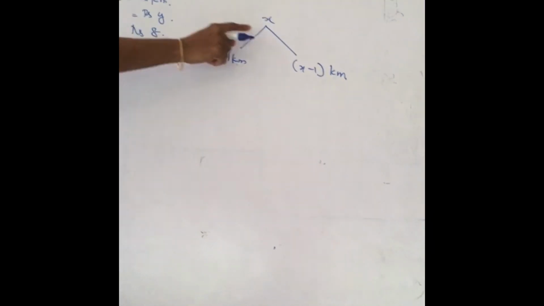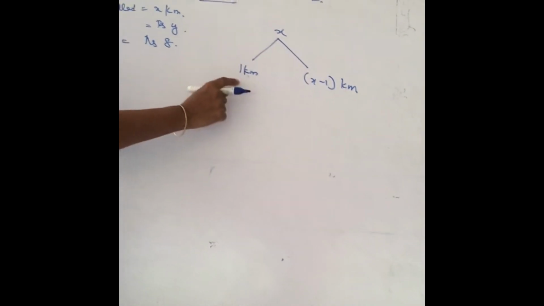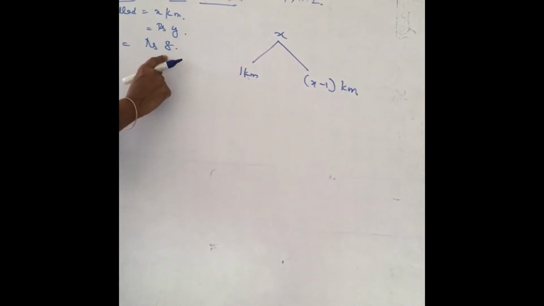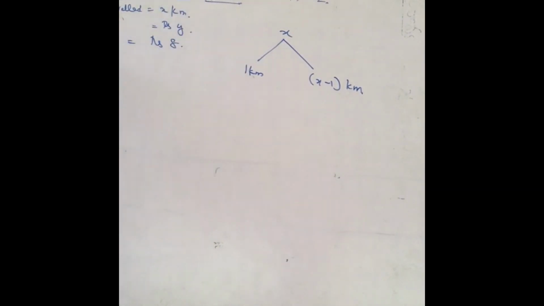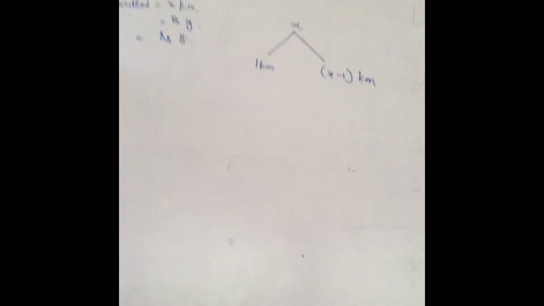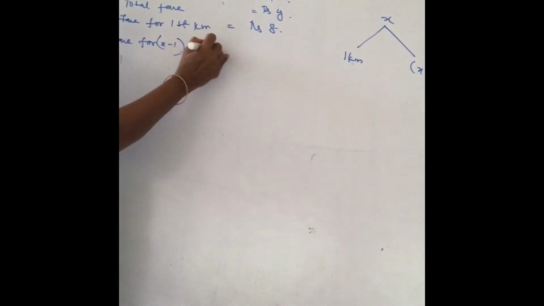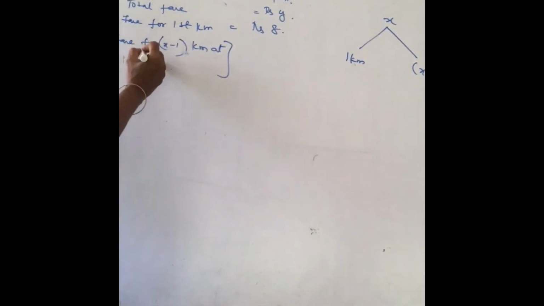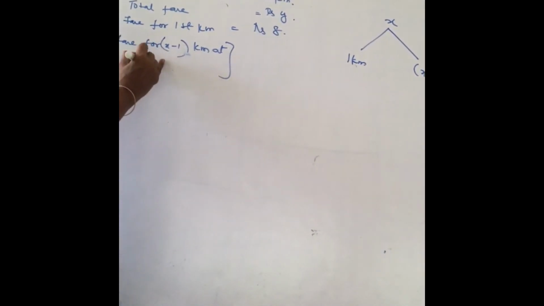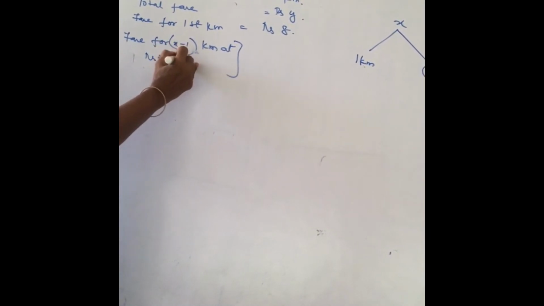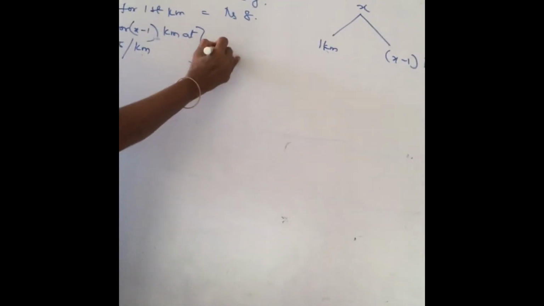X kilometers. For the first kilometer, the fare is rupees 8. For the remaining x minus 1 kilometers at how much? At rupees 5 per kilometer.